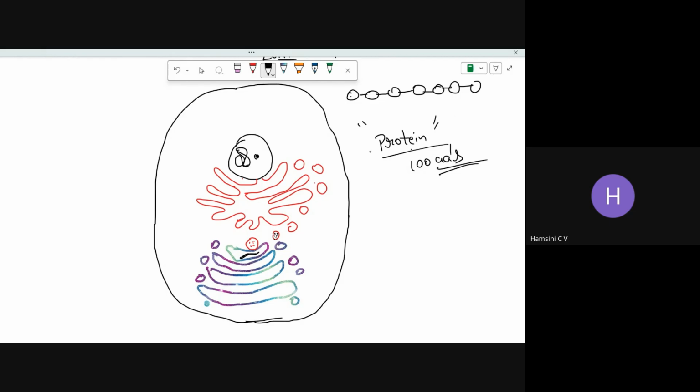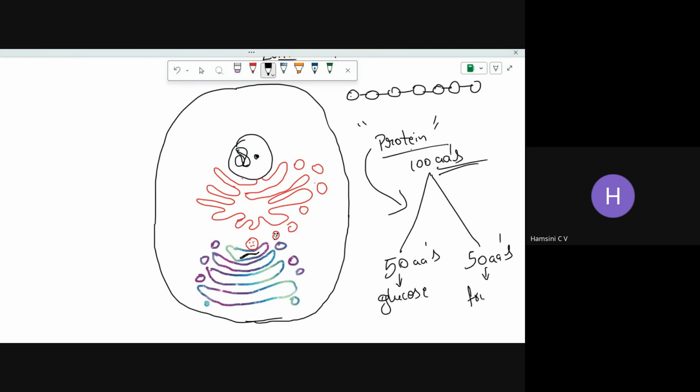But the cell requirement is different. The cell wants two proteins having 50 amino acids each. One should have a glucose attached to it, and one should have a fructose or any other substance attached to it.